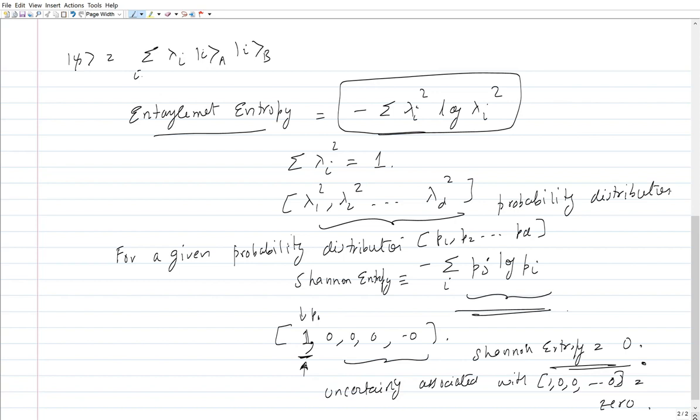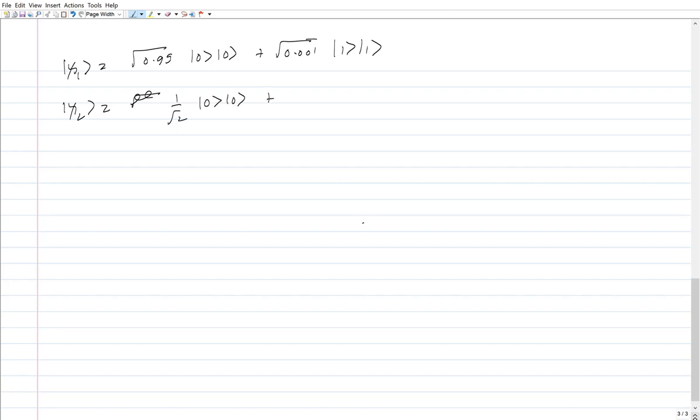So for example, I had a quantum state psi 1, and I had a quantum state psi 2, which was an equal superposition.